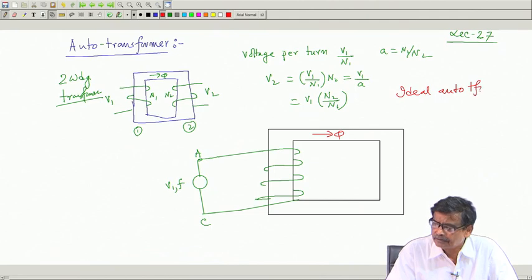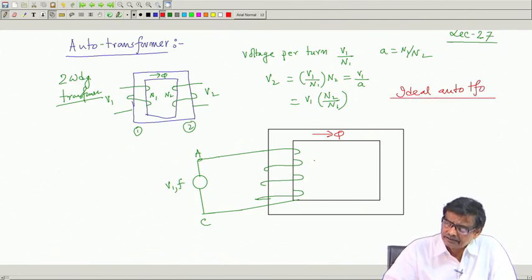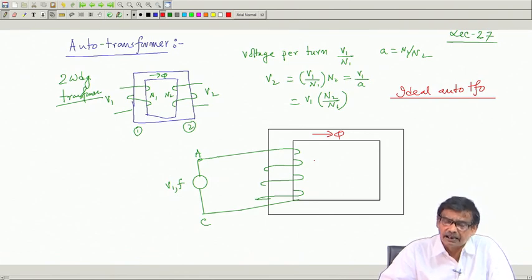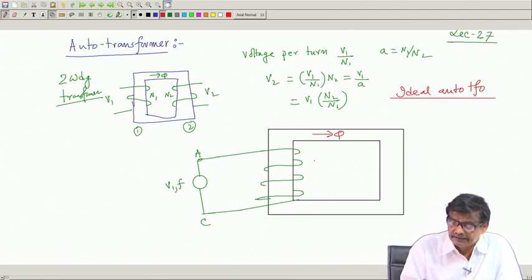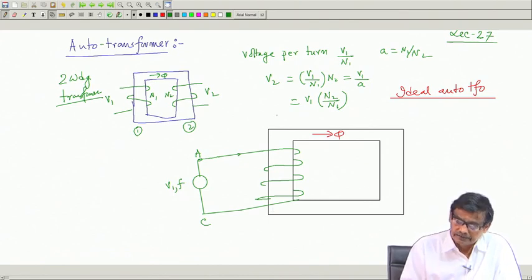That is, all flux are confined to the core, little magnetizing current is required. In other words, I will neglect magnetizing current, no load current, no eddy current hysteresis loss in the core. Therefore, as the current flows, little magnetizing current, alternating flux will be produced and it will move like this.